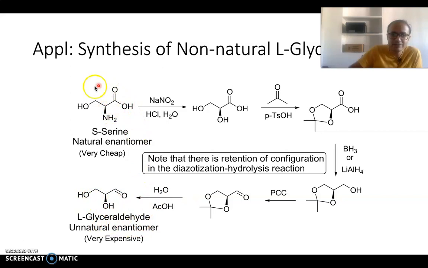So here, if we are going from S-serine to L-glyceraldehyde, what are the changes that you require? Only NH2 needs to be converted to OH and this acid needs to be converted to aldehyde. So these are the transformations that we do in order to get the L-glyceraldehyde in enantiomerically pure form.